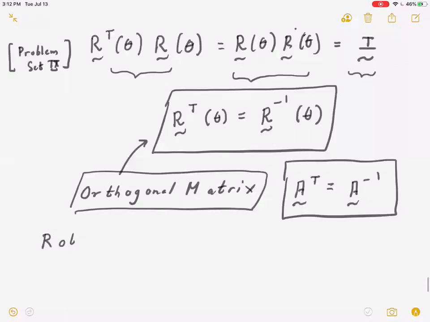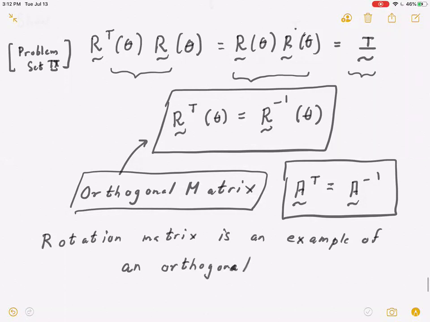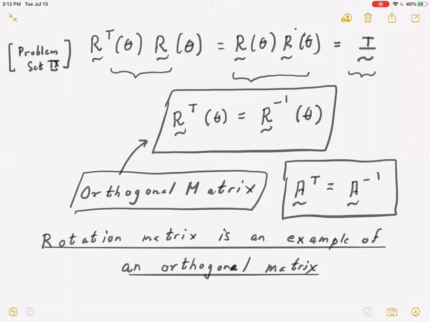The rotation matrix is an example of an orthogonal matrix. So as you'll see in problem set 9, there are many, many kinds of matrices you can write down that are orthogonal matrices. Rotation matrix is a very special example of an orthogonal matrix.